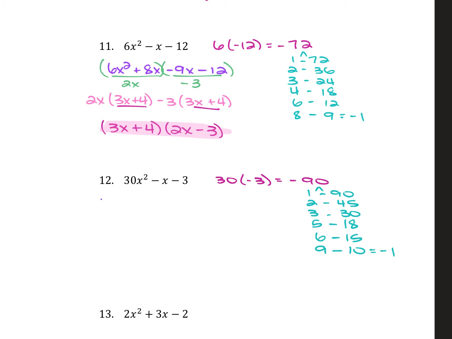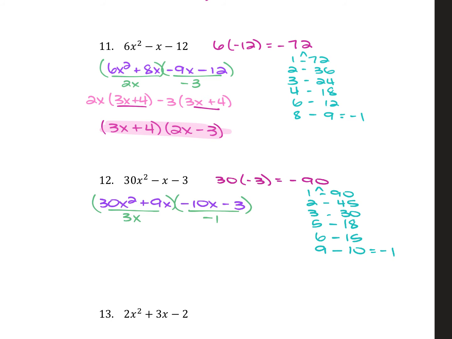So this gets rewritten as 30x squared plus 9x minus 10x minus 3. We factor by grouping. Your first two terms share a common factor of 3x. Your last two terms share a common factor of negative 1. Remember, you want your first term of your second set of parentheses to always be positive.